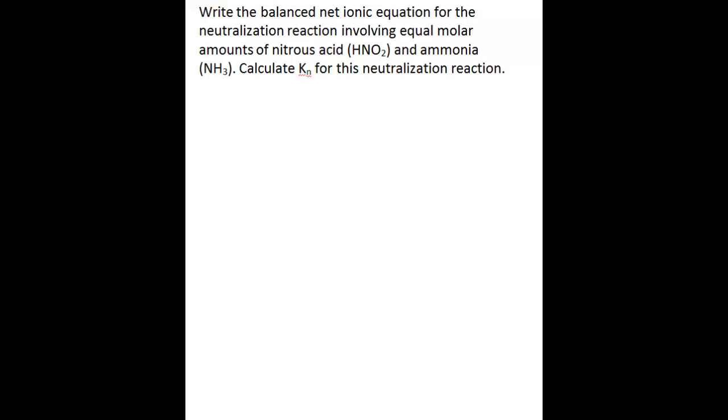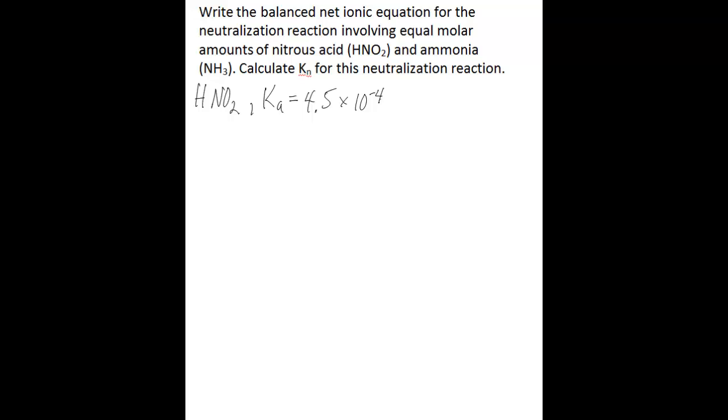The first thing you want to do for these types of problems is to identify the acid-base properties of the two substances involved in the neutralization reaction. The first substance we're dealing with here is nitrous acid. You can look up a Ka value, or an acid dissociation constant, for nitrous acid, and at 25 degrees Celsius the Ka is 4.5 times 10 to the negative 4.